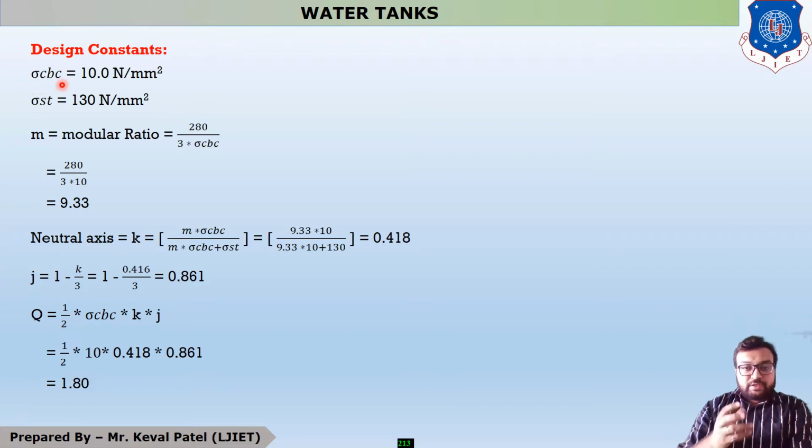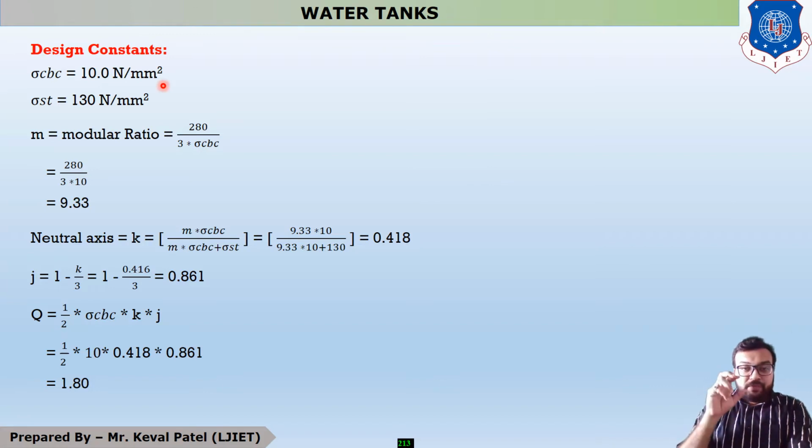Now, what is the full form of sigma CBC? Sigma CBC means permissible stress of concrete due to bending in compression. The short form is sigma CBC having the value of 10 Newton per mm square.